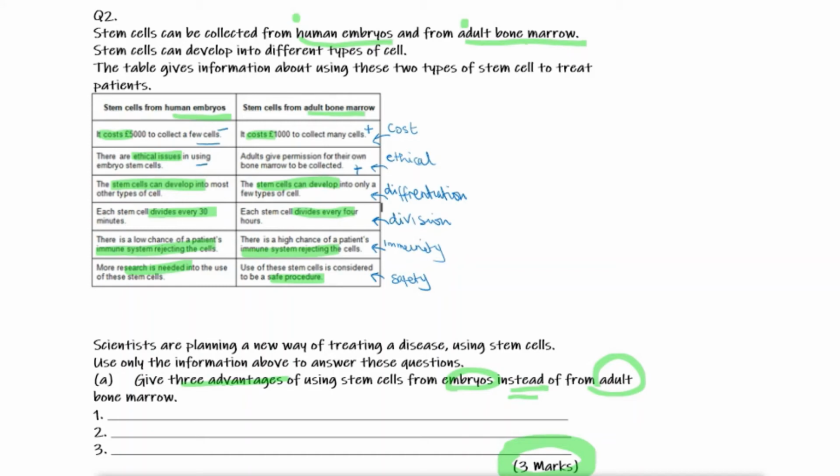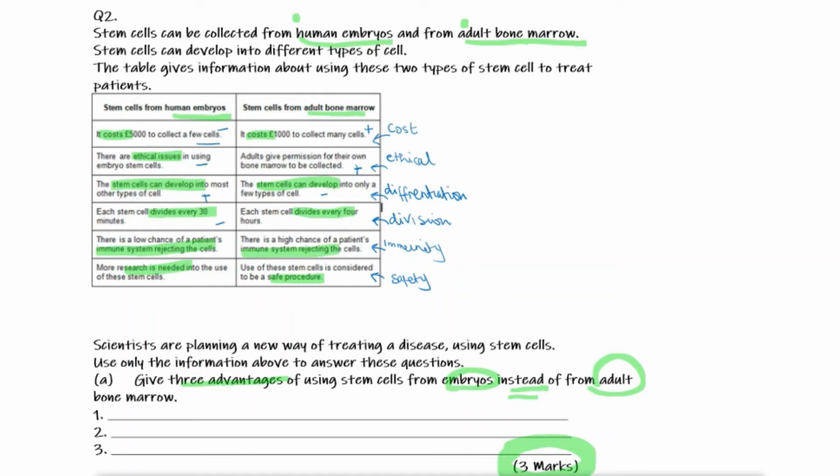The stem cells can develop into most other types of cells, so this means it's a positive point because it can differentiate, and the stem cells can develop into only a few types of cells for the adult bone marrow. That makes it a negative point. Each stem cell divides every 30 minutes for a human embryo, but divides every 4 hours for an adult bone marrow.